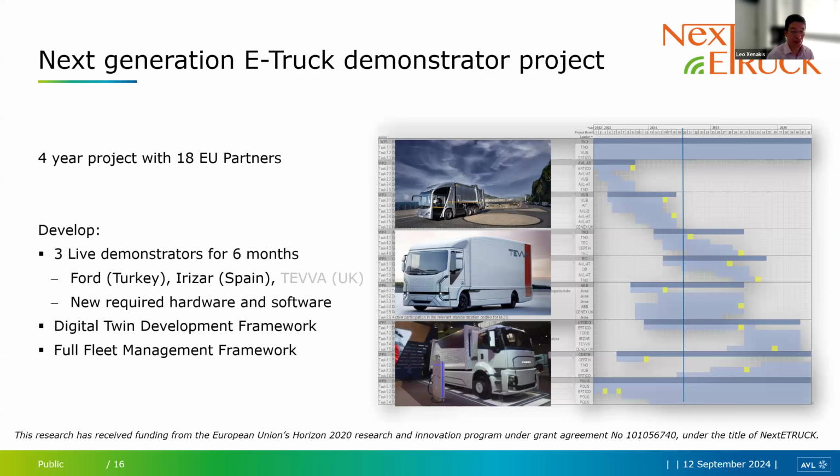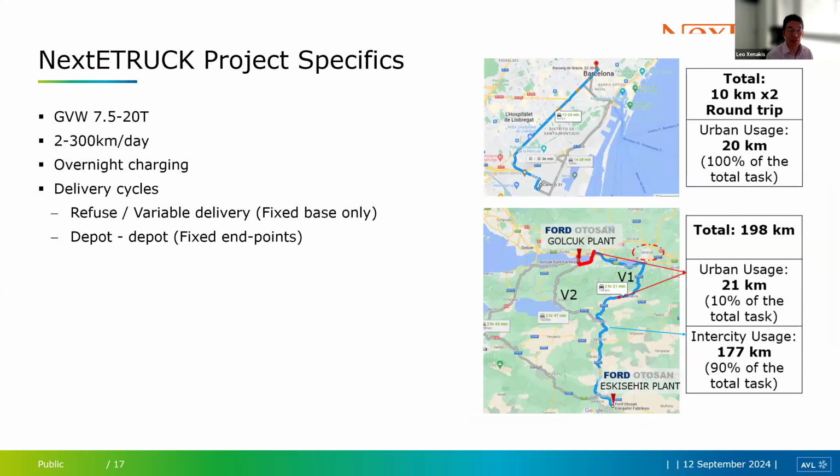And yes, as part of this, the digital twin development framework and also a full fleet management framework are in scope. Basically, any technologies that need to be used in the project will be either developed or customized for this project. And some of the specifics, so we have the Barcelona route up here for Irizar and a Ford route down here between factories, but essentially we're looking at these kind of specs for the vehicles.